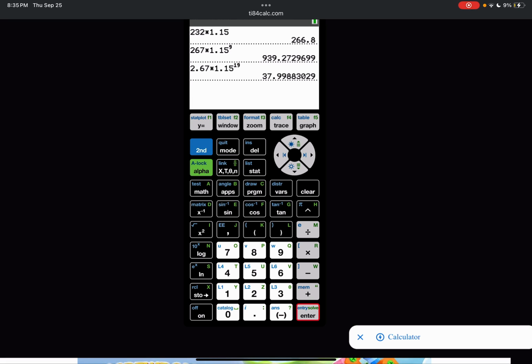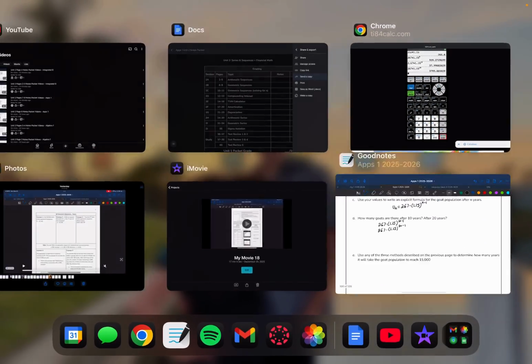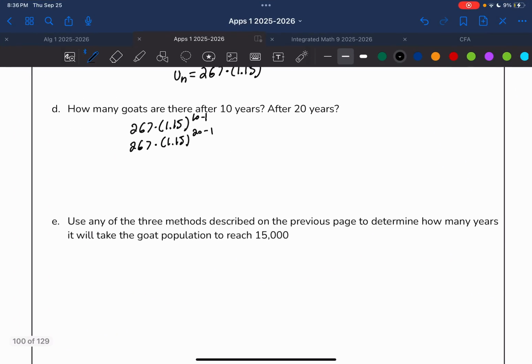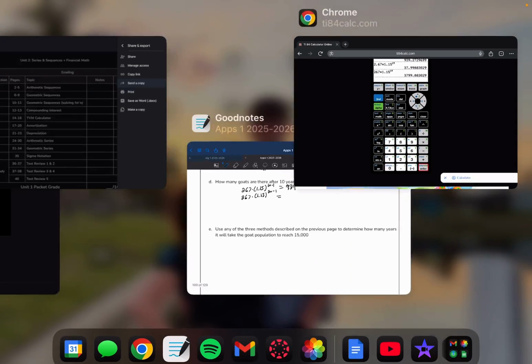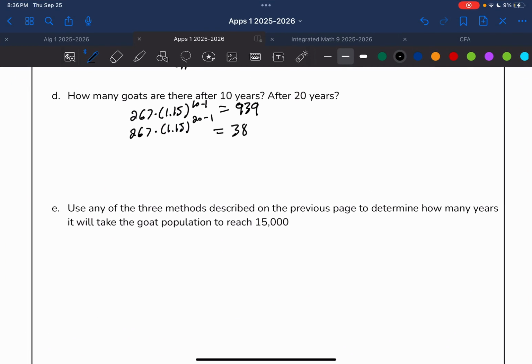There we go. All right, so now we can see that after 10 years, there'll be 939 goats on the island, and after 20 years, there will be 3,800 goats on the island.